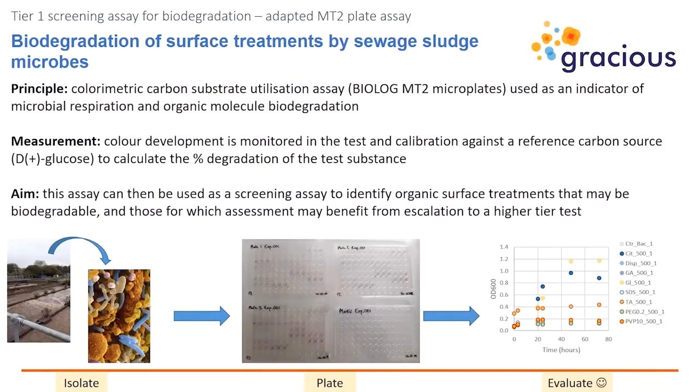By monitoring the colour development, this acts as an indicator of microbial respiration and organic molecule biodegradation. From this, we can calibrate against a reference carbon source and calculate the percentage of your chemical that was biodegraded within that well. The aim of this is to use this assay as a screening approach to identify organic surface treatments that may be biodegradable, and those from which assessment may benefit from escalation to a higher tier test.